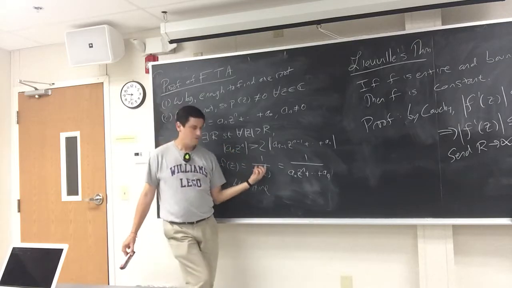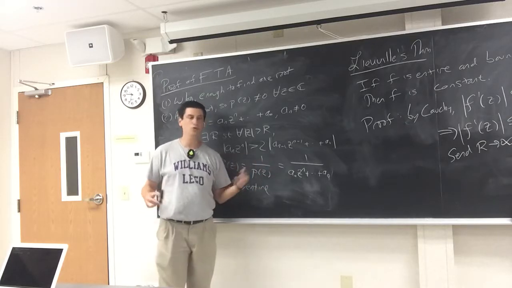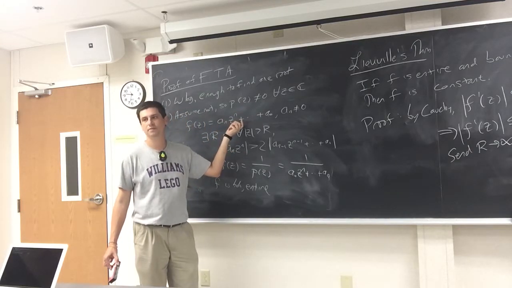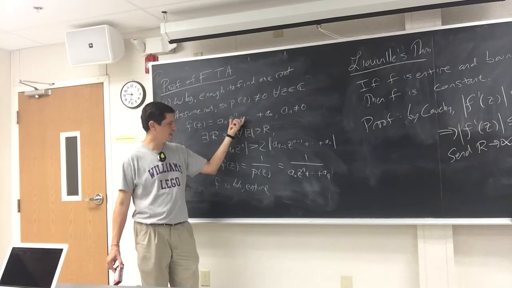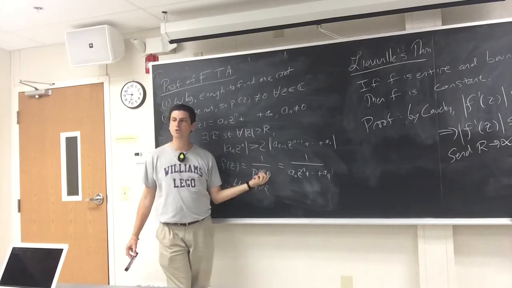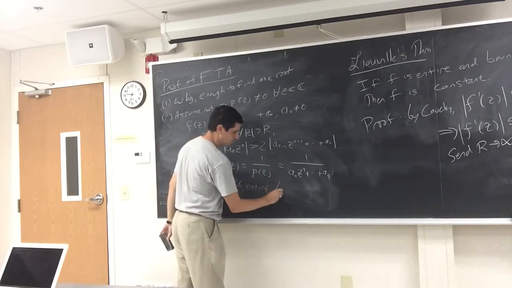And so p of z has to be at least a certain size. So 1 over p of z has to be going to 0. So we can choose R so large that this expression is at least epsilon in absolute value. So then this fraction is at most 1 over epsilon. So we can show it's bounded.